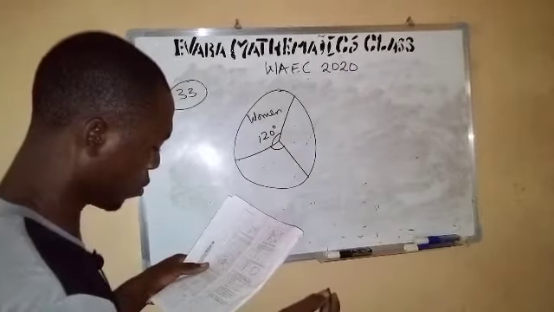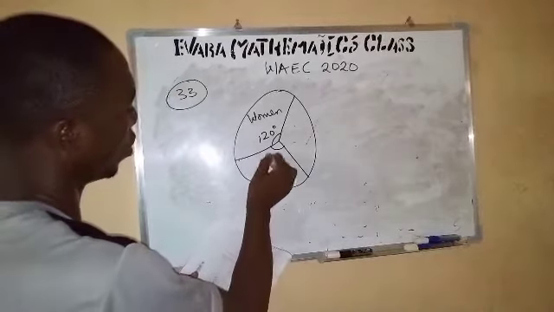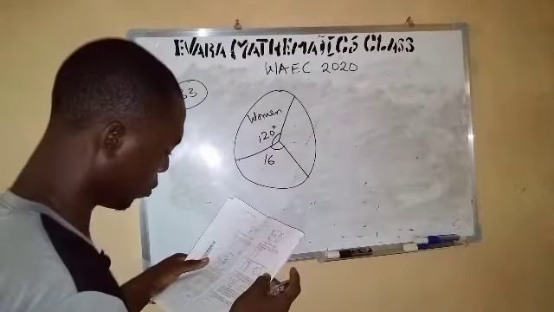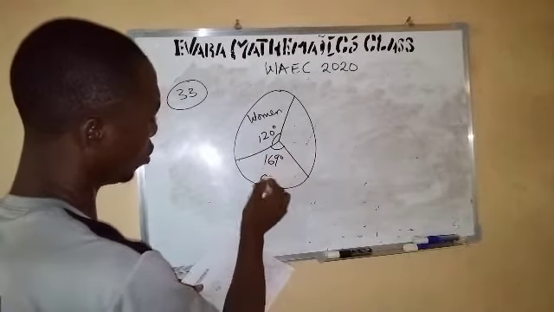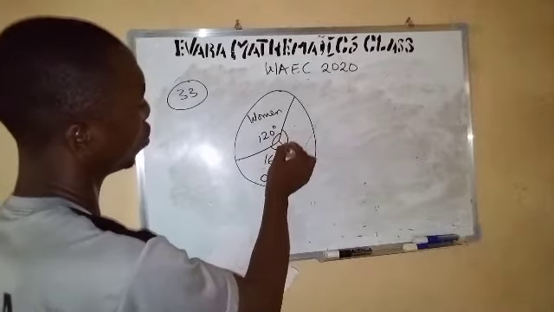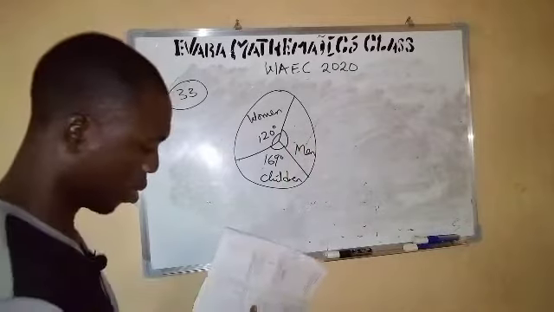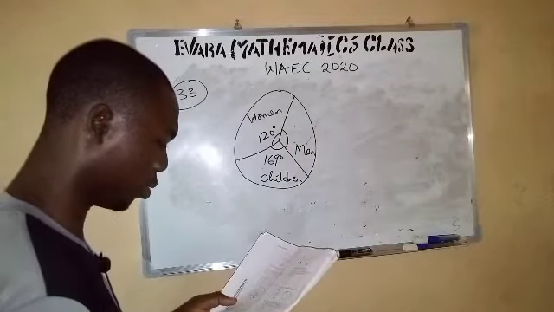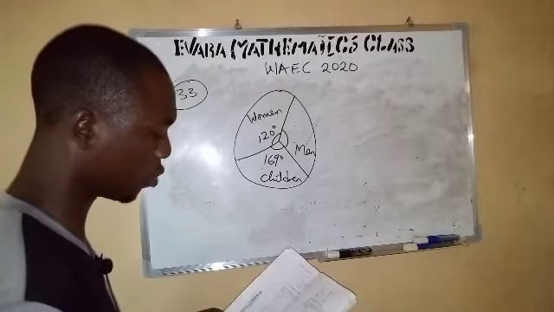This is 169 degrees for children, and this one is for men. So we have to use this pie chart now to answer the question below.